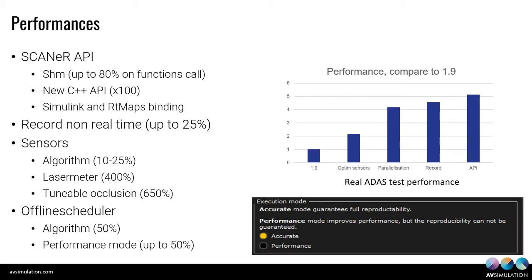We also have worked a lot on the performance. So we wanted to be able to improve the global computation time of SCANeR. So we have worked a lot on the SCANeR API. So we have gained a lot of performance, and we have a new optimized version of the API directly.